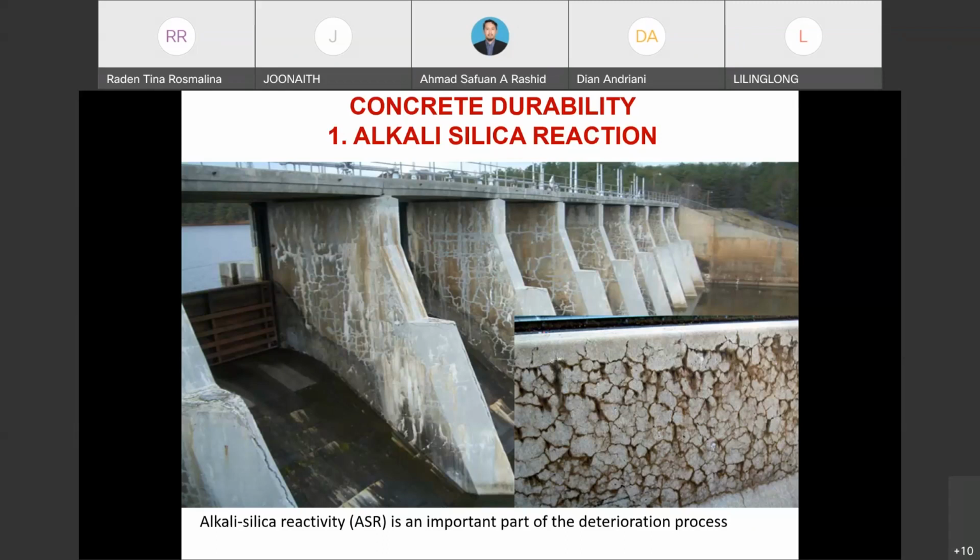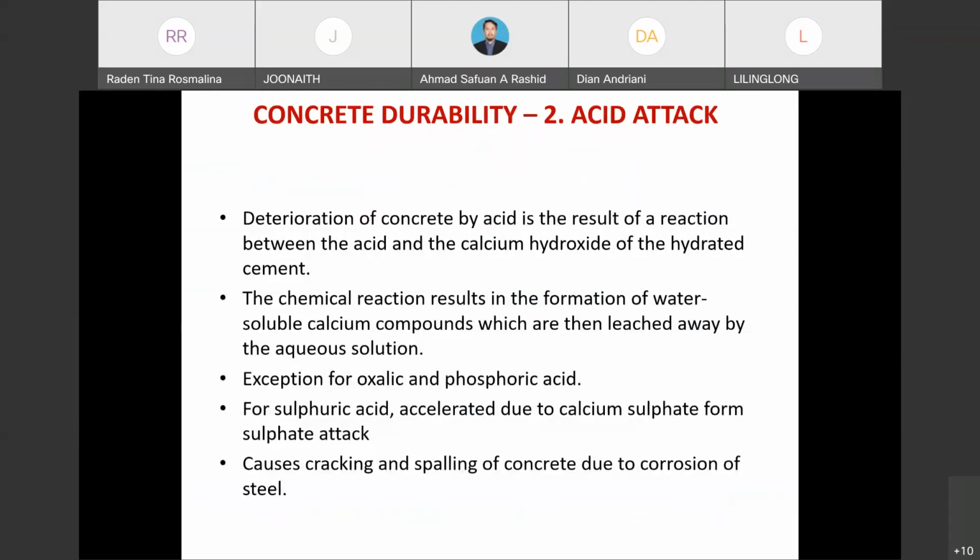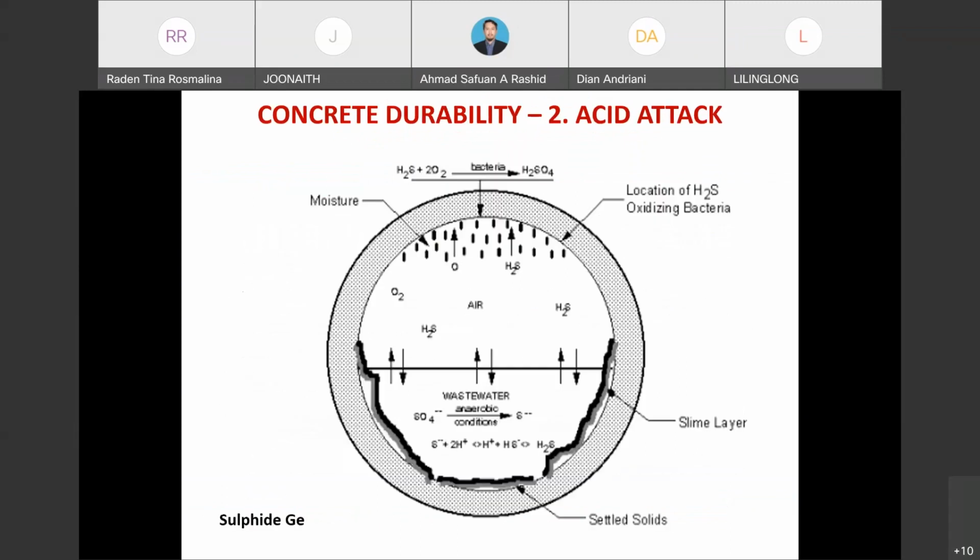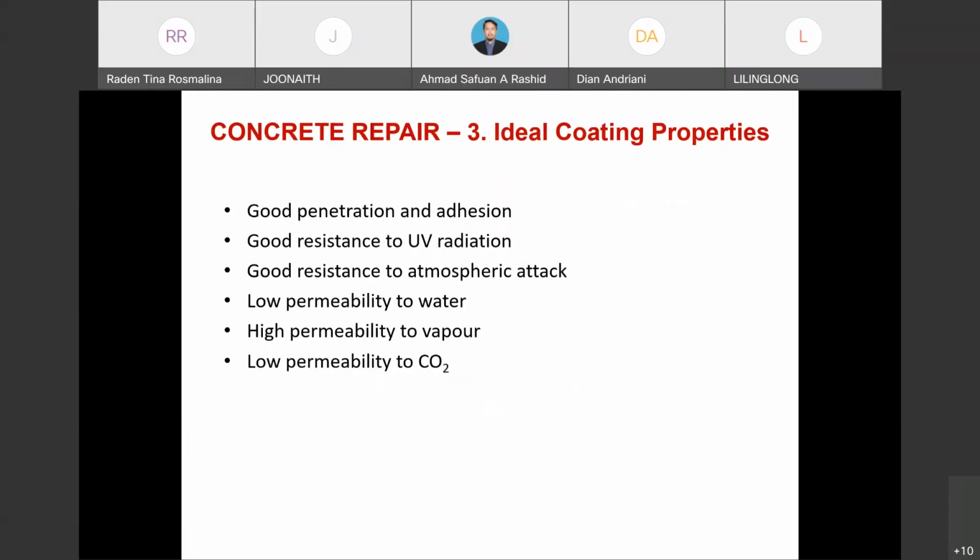So most of the examples are related to concrete or materials. This is a study on concrete durability. This is for concrete repair, coating properties. So these are some of the ideas that can be used to study concrete repair.